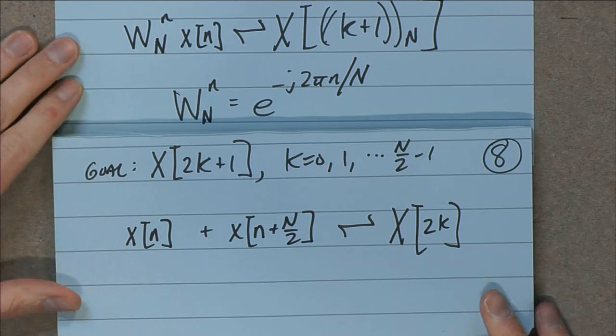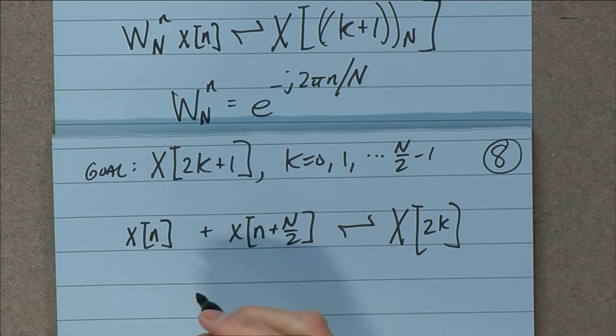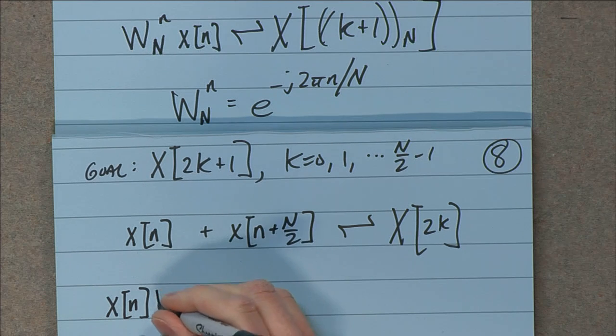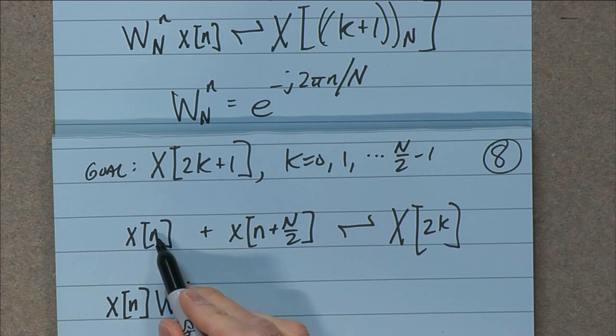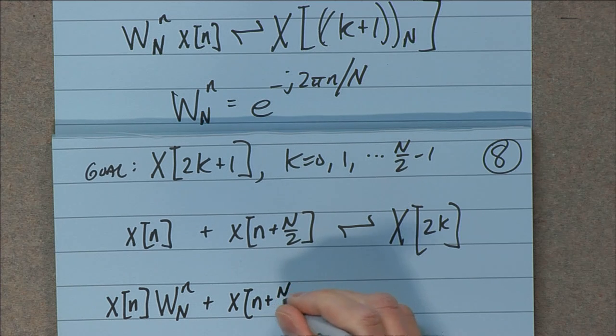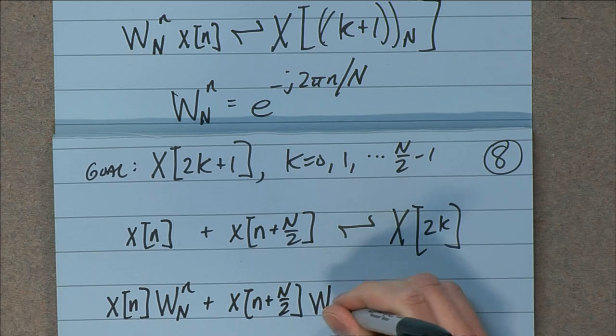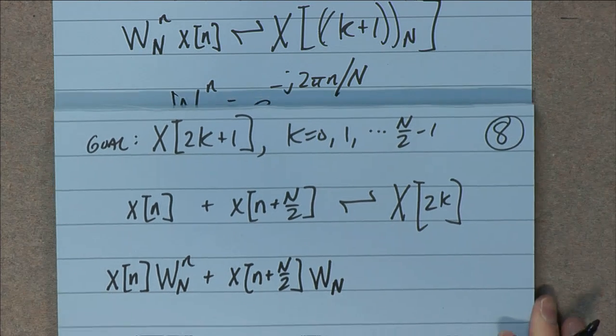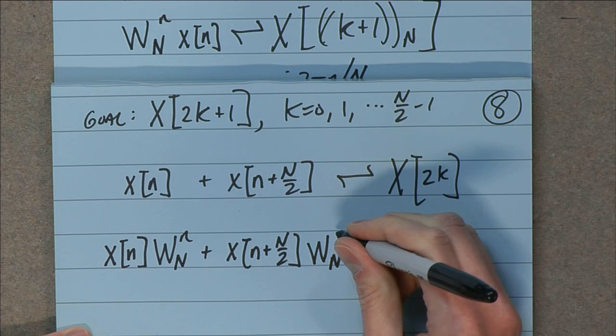But now what we need to do is shift it. So let's multiply x of n by the weight, because shifting it by 1 puts it there. This one, x of n plus N over 2, also needs to be shifted by 1, so that's going to be W_N. But notice, since this index is n plus N over 2, this also needs to be n plus N over 2.